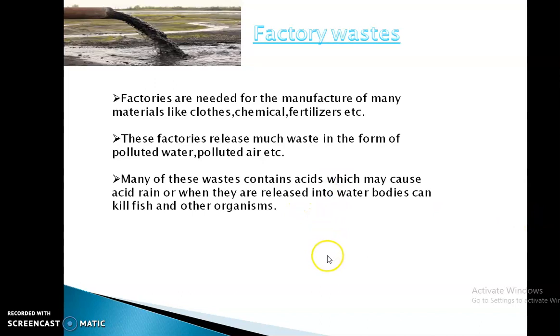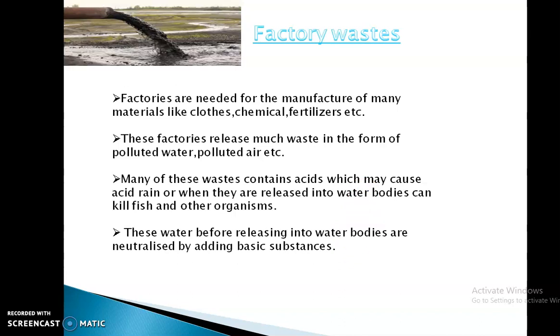Usually the byproduct released into the water is mostly acidic in nature, and when discharged into water bodies, it will change the nature of the water and kill the microorganisms of the water because the water has turned acidic.